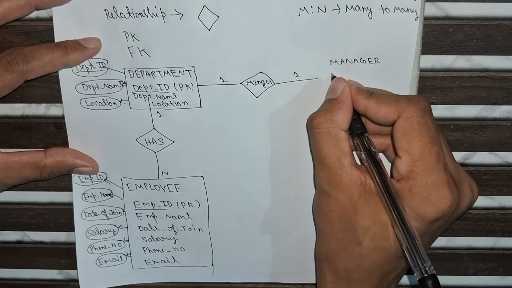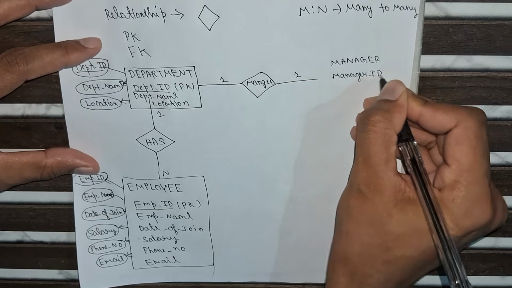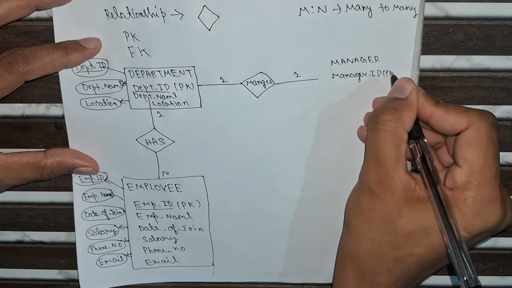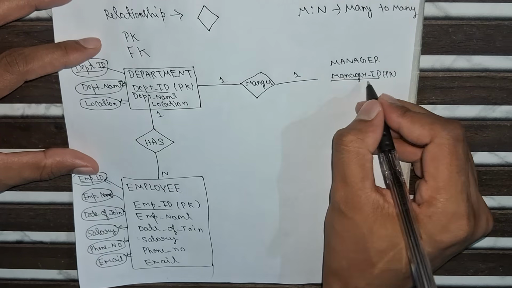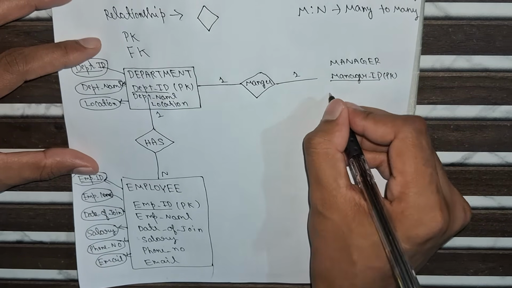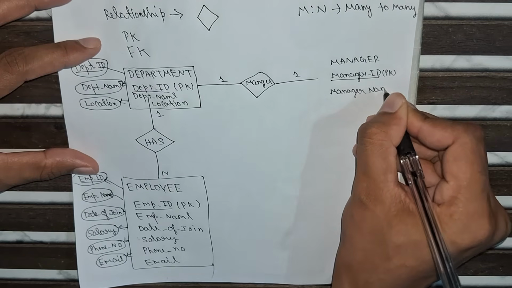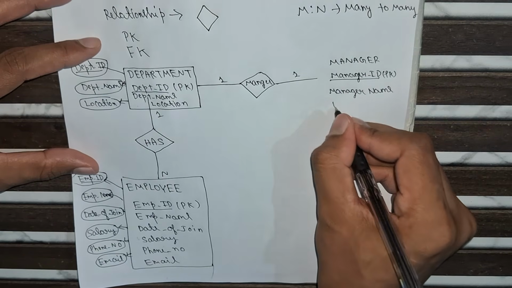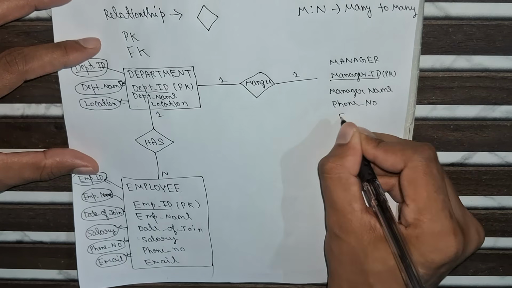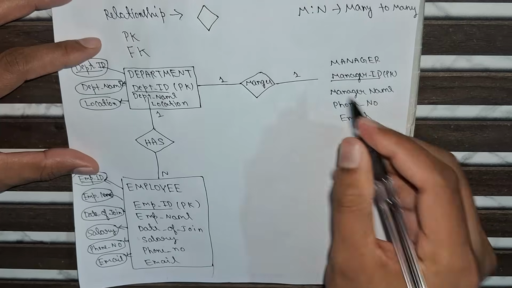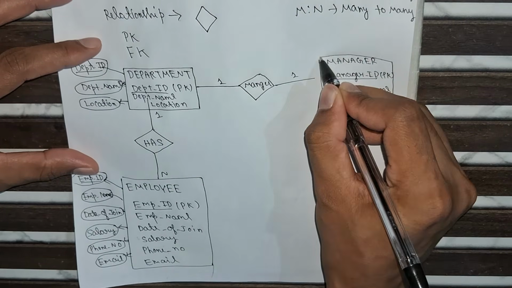Manager ID, which is a primary key, we all know, and we will underline it. Then manager name, then phone number of a manager, then email. This will be in the square or rectangular shape.